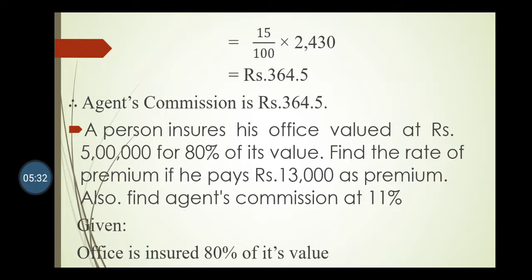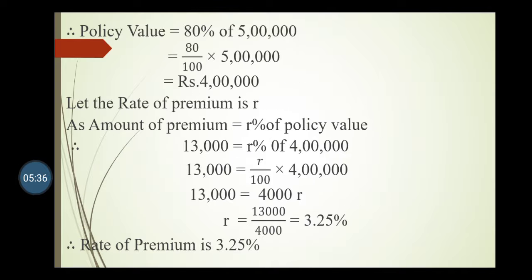Given the office is insured for 80% of its value. Therefore, policy value equals 80% of 5 lakh, that is 80 upon 100 into 5 lakh, which is equal to 4 lakh. Let the rate of premium be small r, as amount of premium is equal to r% of policy value.